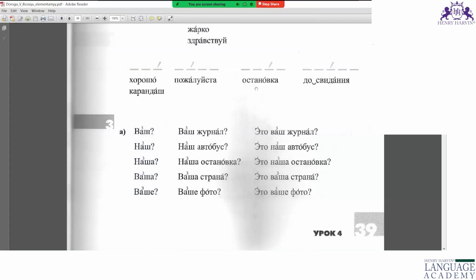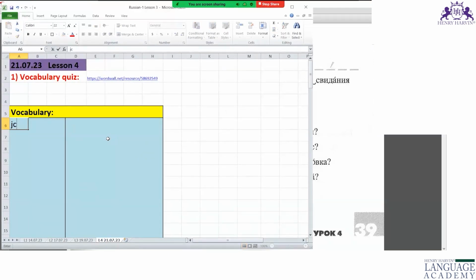Okay. And now let's start making new vocabulary. So today we have the word остановка. Остановка is a stop, like bus stop, but any kind of stop, usually bus stop.